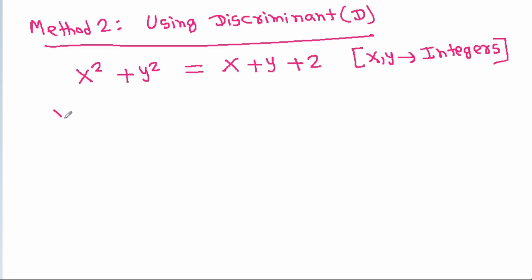And it is x square minus x plus y square minus y minus 2 is equal to 0.